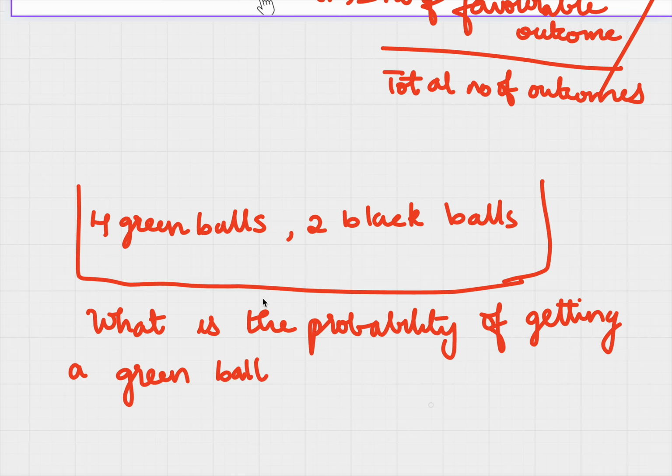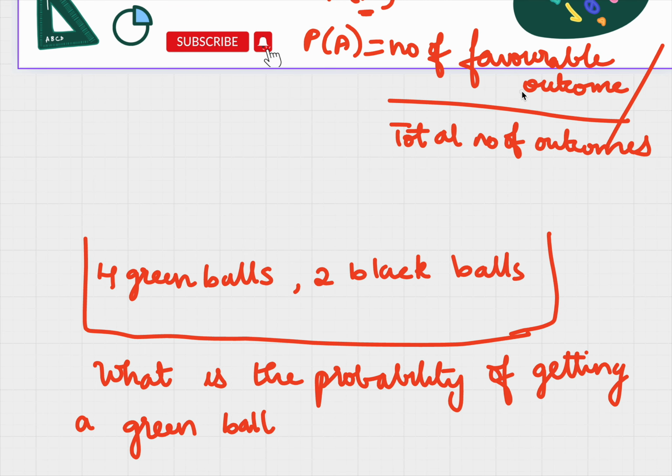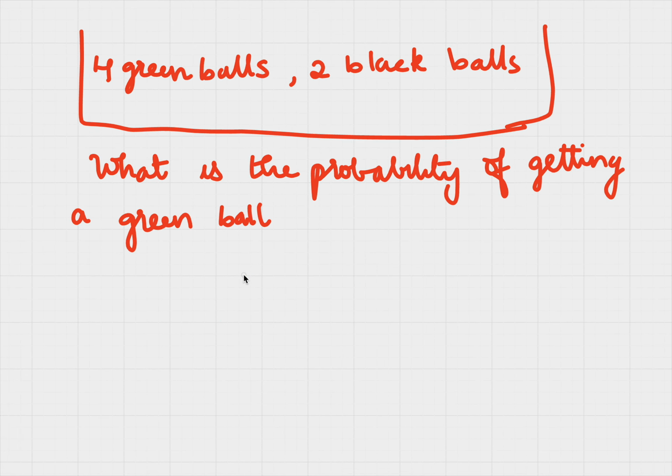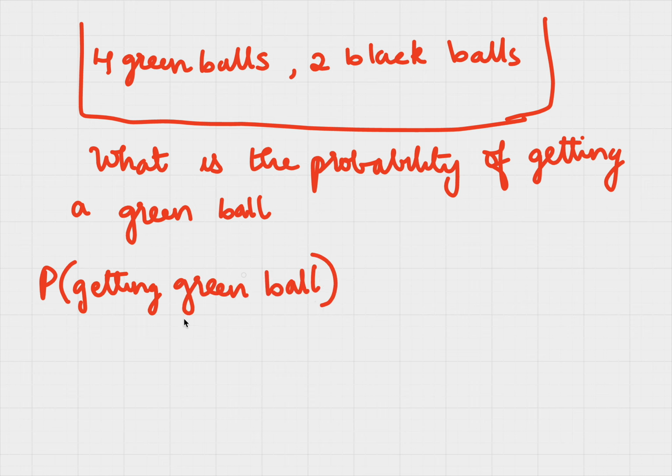So when we recall our definition, P of A is the number of favorable outcomes by the total number of outcomes, where A is the event. Since our event is getting a green ball, we have to find the probability of getting a green ball.